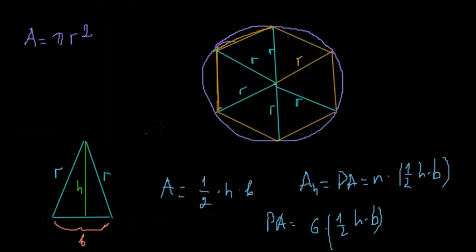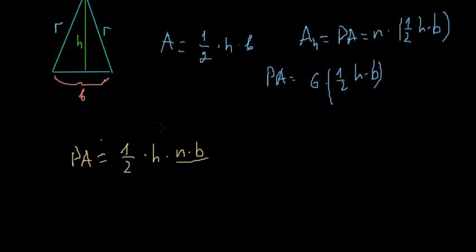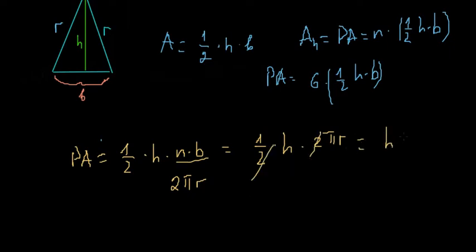And we know that the circumference of the circle is equal to 2 pi r, right? So we can write it as 1/2 times h times 2 pi r, and this is going to cancel, and we're left with h times pi times r, right?